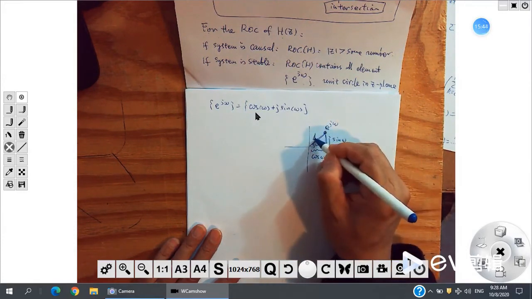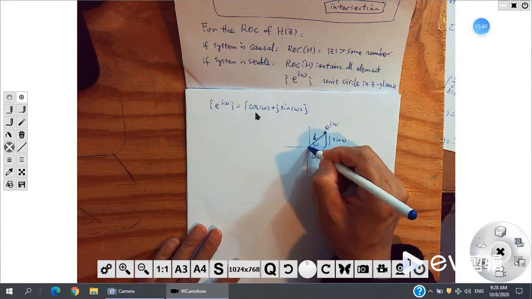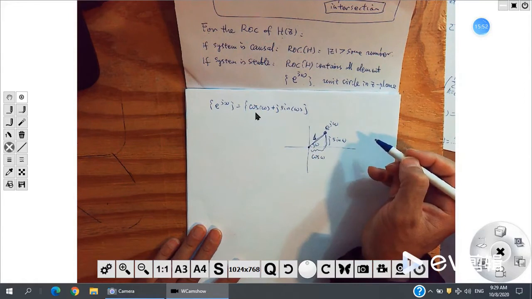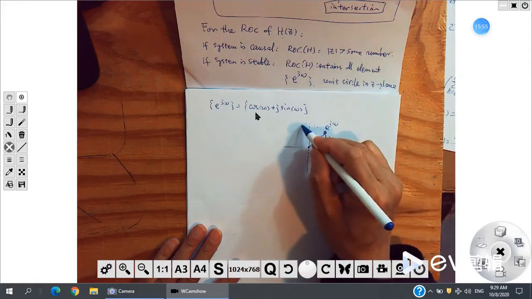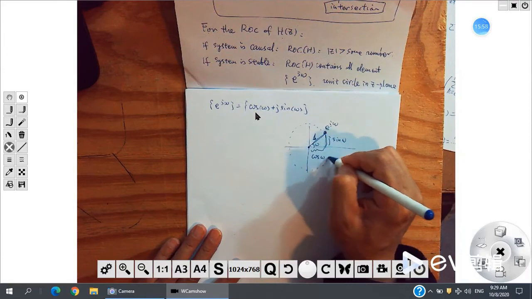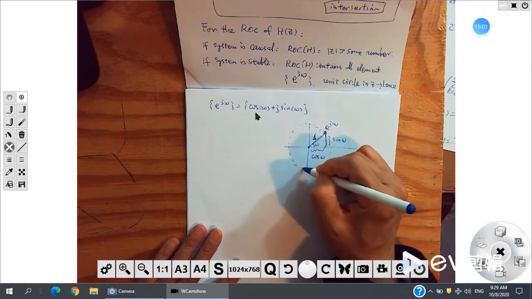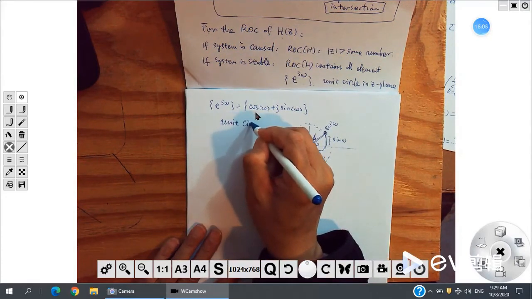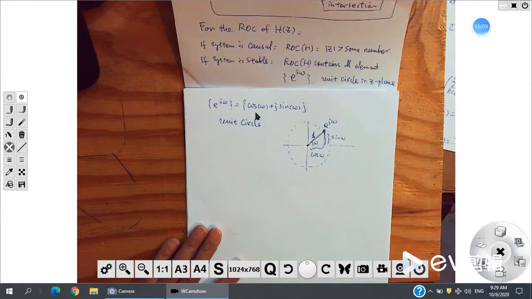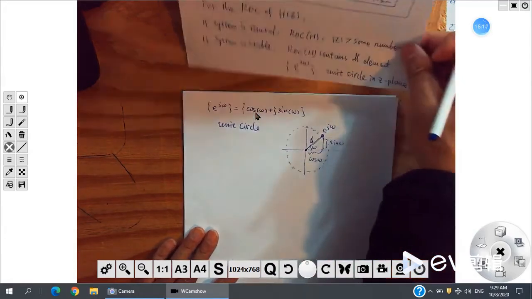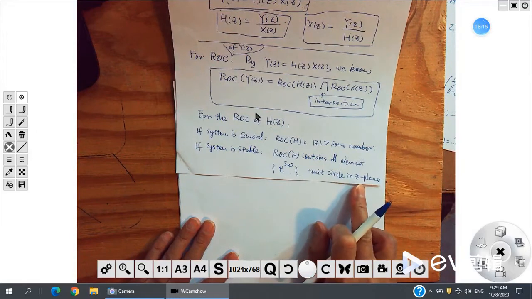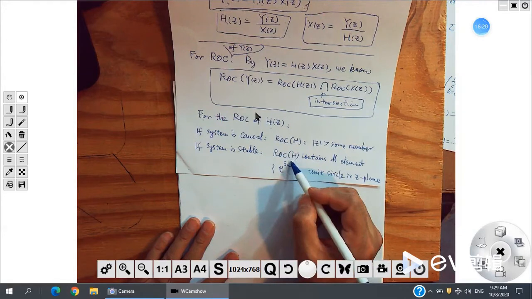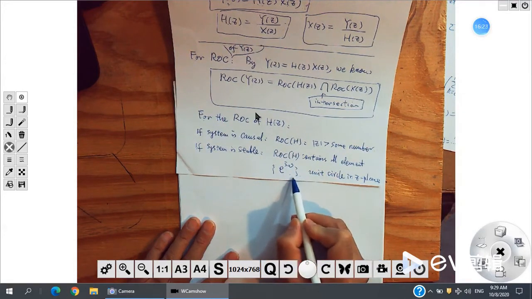It has distance 1 to the origin, so we have all these points with distance 1 to the origin. This is the unit circle. So if the system is stable, the ROC must contain all of these, that is, it contains the unit circle. If the ROC of H has several possible choices, you choose the one containing the unit circle.